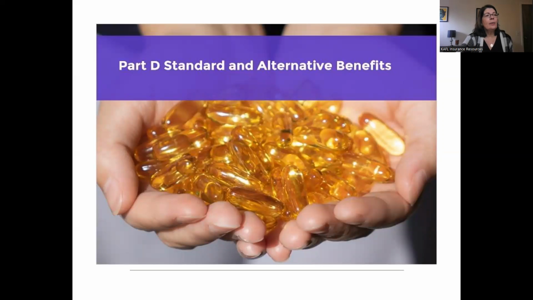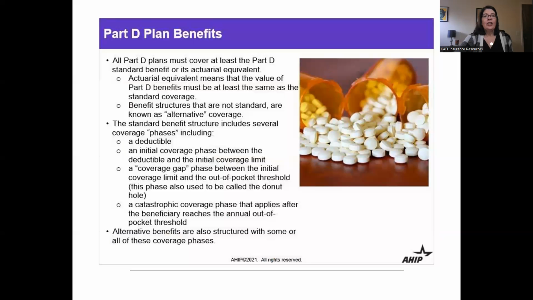So we're going to talk about the Part D standard and alternative benefits. There is a standard benefit that Medicare puts out, and it tends to change every year as far as the amounts. One of the slides coming up is going to show the 2022 standard benefit.